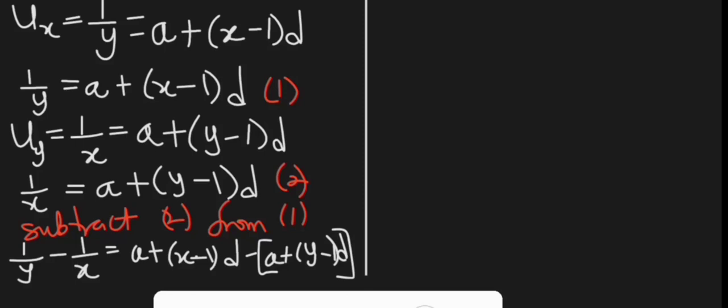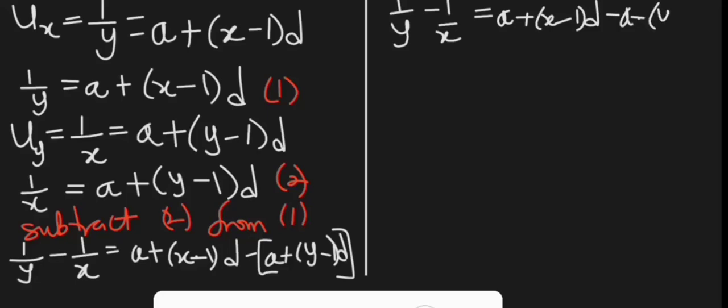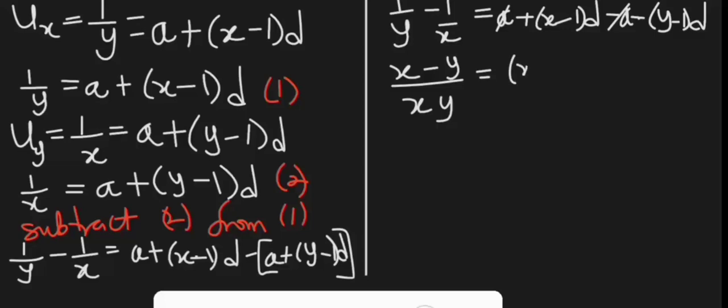Which means that we have 1 over y minus 1 over x to be equal to a plus (x minus 1)d, then minus a minus (y minus 1)d, where a cancels out a, and we'll be left with, on the left hand side, we can take the LCM, which is xy, and we have x minus y, and on the right hand side we'll be left with (x minus 1)d minus (y minus 1)d.